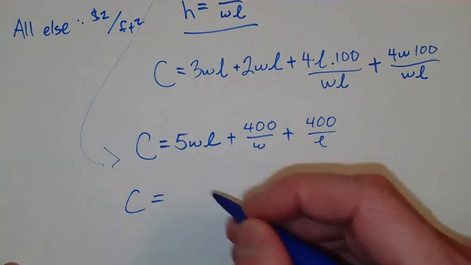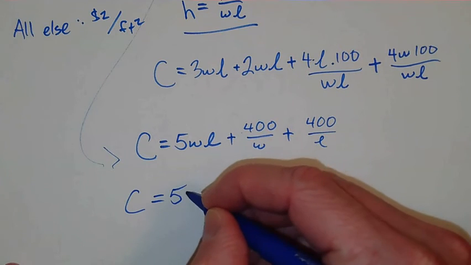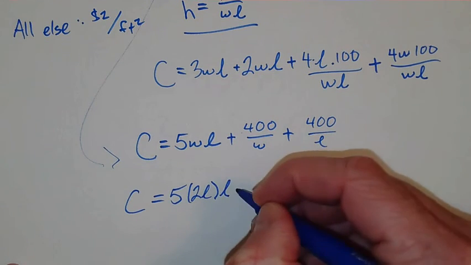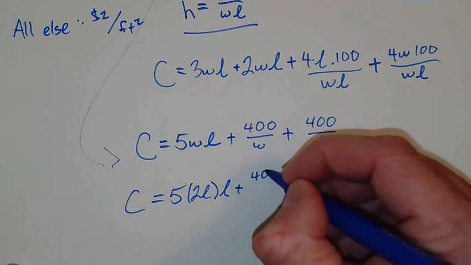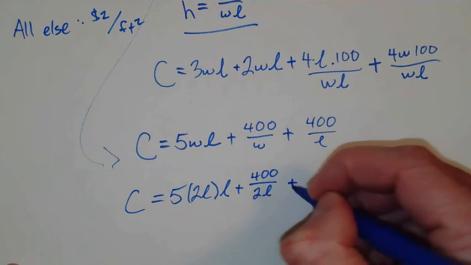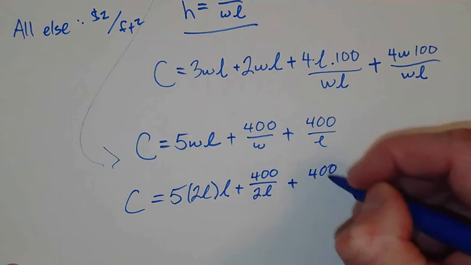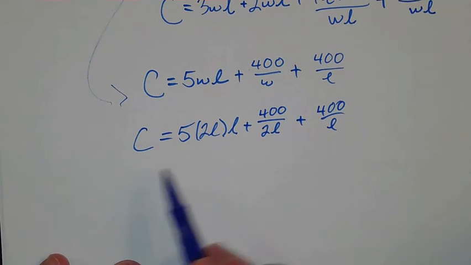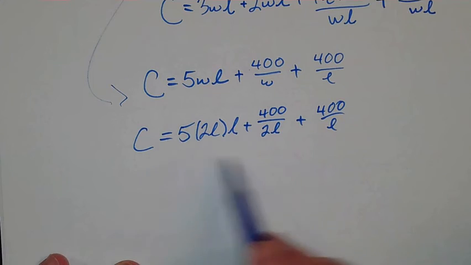My new cost equation will be 5 times, replace that W with a 2L, times L. I've got 400 over W, which is replaced by 2L, and 400 over L, which I'll just keep as is. And check it out, I've got cost as a function of one variable.